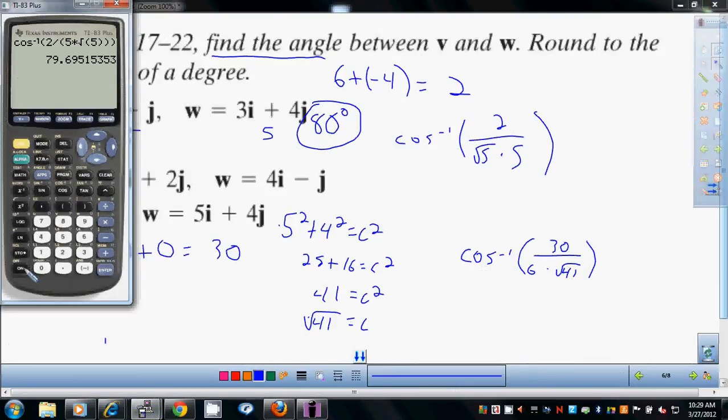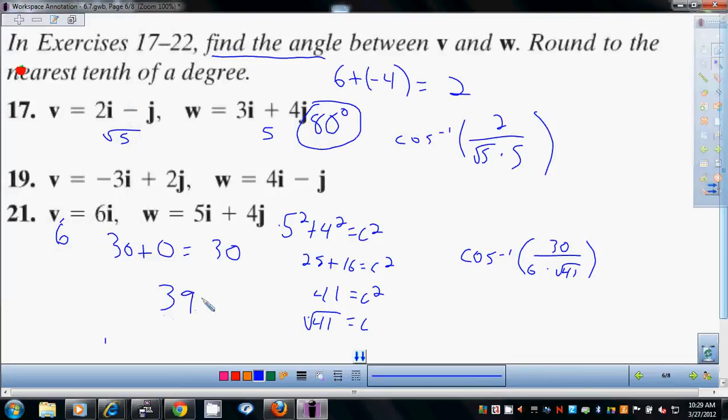So it would just be 5 over radical 41. So cosine inverse 5 divided by radical 41, 39 degrees.